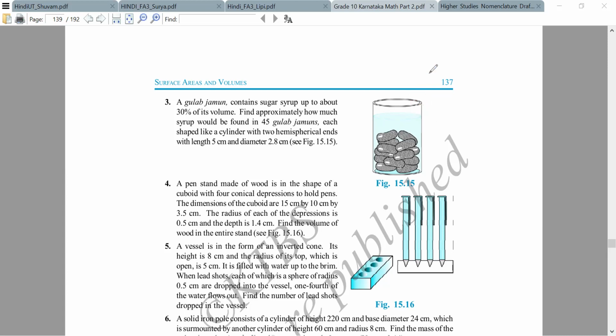They have just shown one gulab jamun dabba, not important at all. What we need is the actual diagram of the gulab jamun, which you will have to make. Ignore the dabba. So you don't rely on the diagram that much unless it is properly labeled clearly. Read the question and then figure it out.